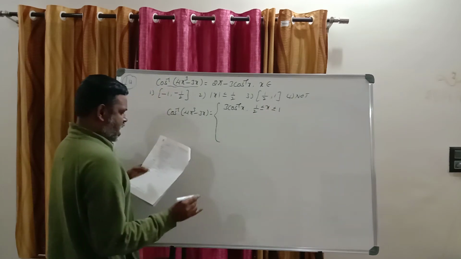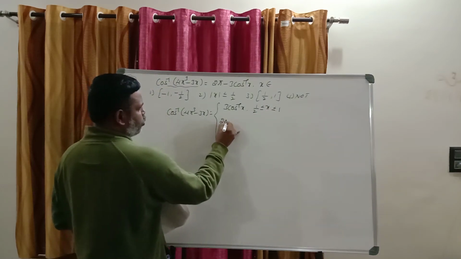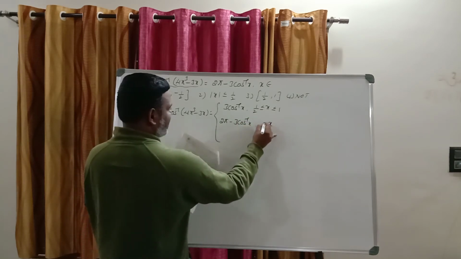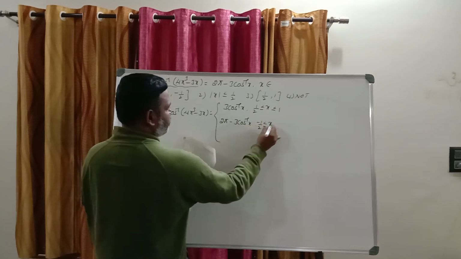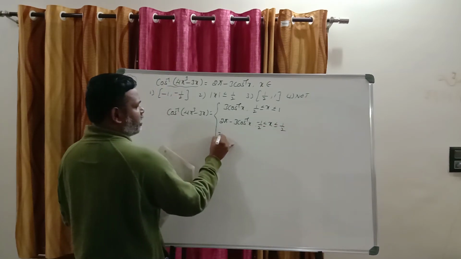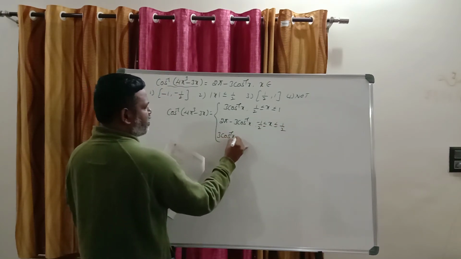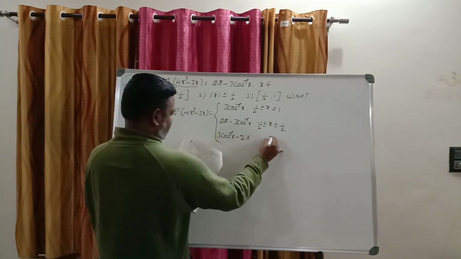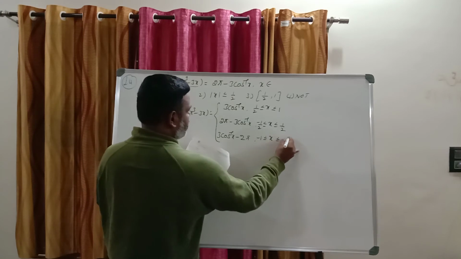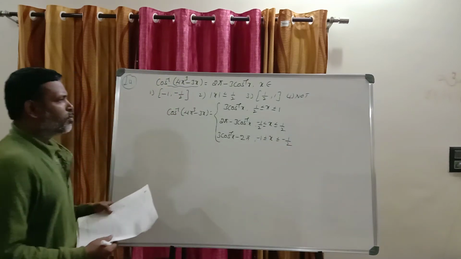It becomes 2 pi minus 3 cos inverse of x when x is greater than or equal to minus 1 by 2 and less than or equal to plus 1 by 2. And it is 3 cos inverse of x minus 2 pi when x is greater than or equal to minus 1 and less than or equal to minus 1 by 2. See, there are three cases in this.